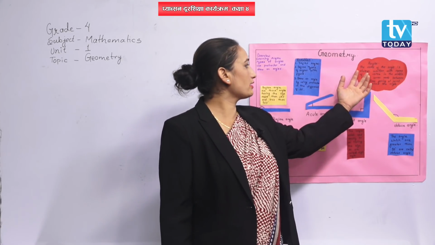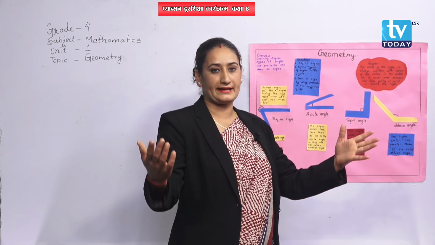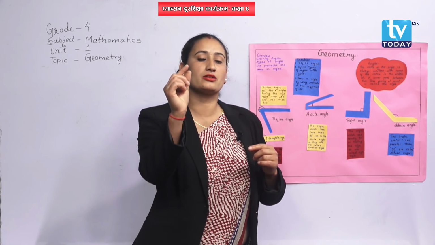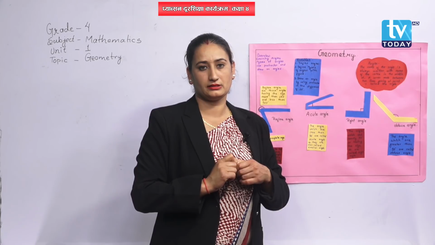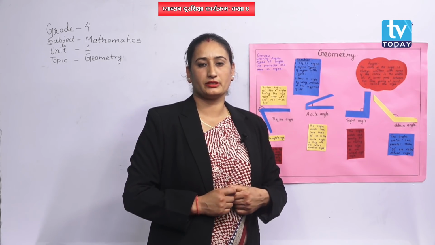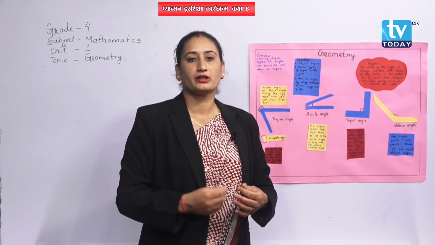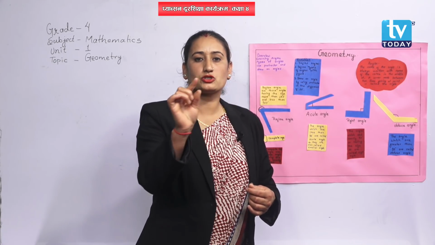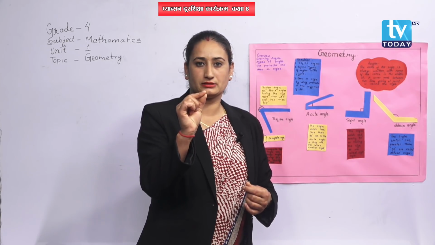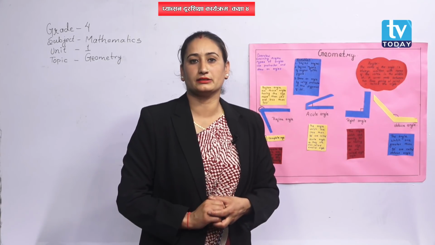When two straight lines meet in one single point, then it forms an angle. Do you understand? Once again, shall I repeat? Listen. When two straight lines meet in one point, then it forms an angle.